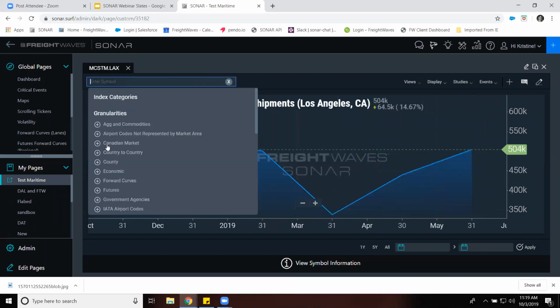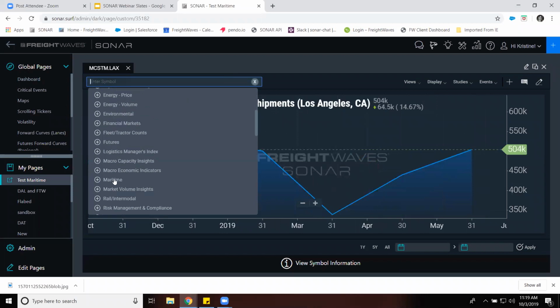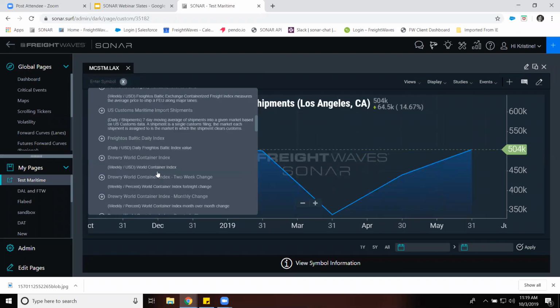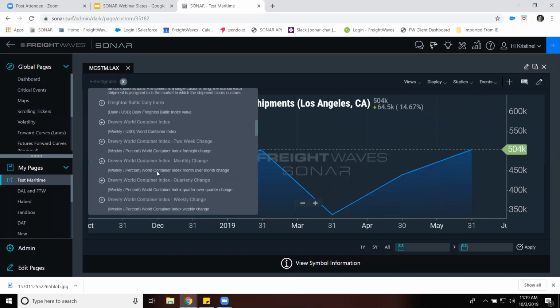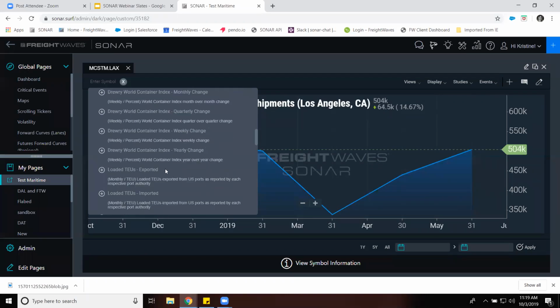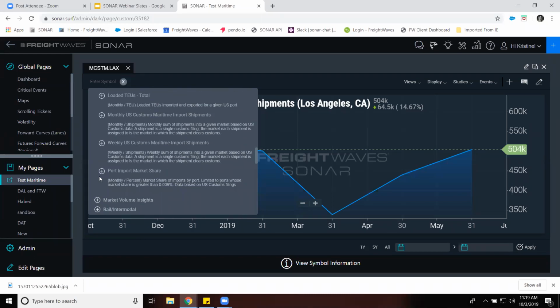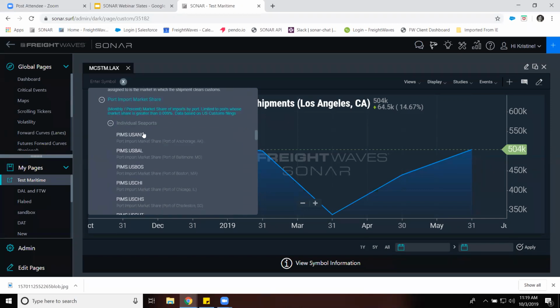So if we go into maritime and we want to see specifically which ports represent a majority of the U.S. imports for the entire country, we can go down into here and look at import market share. This is out of the total number of customs imports that the U.S. receives, so customs counted U.S. imports, what percentage is going through each port. And we actually have the UN LOCODE.